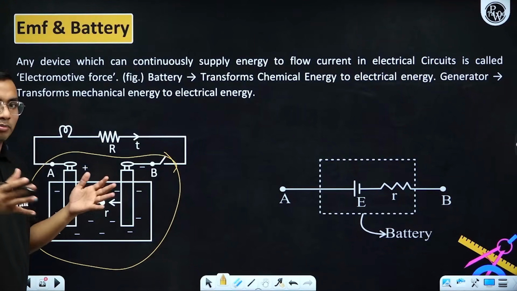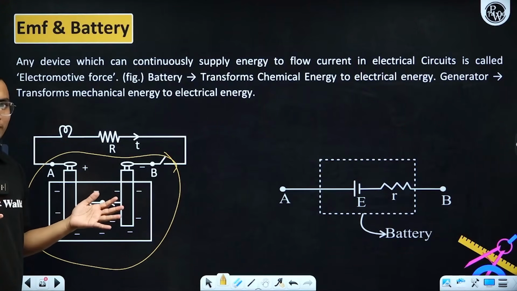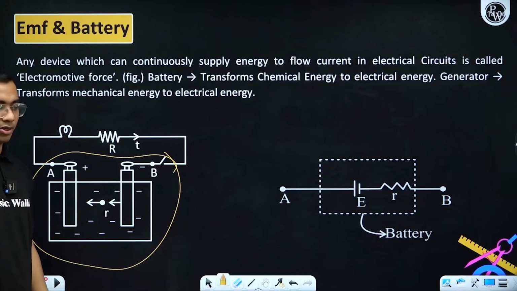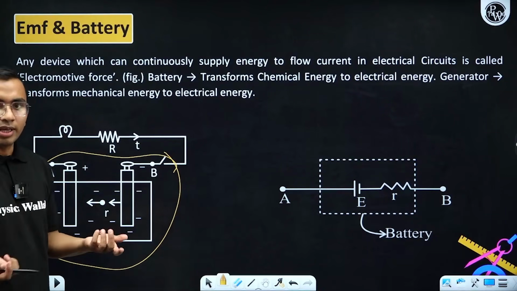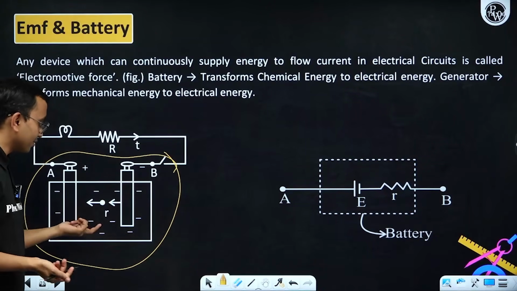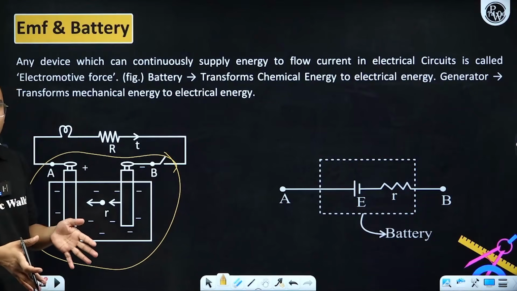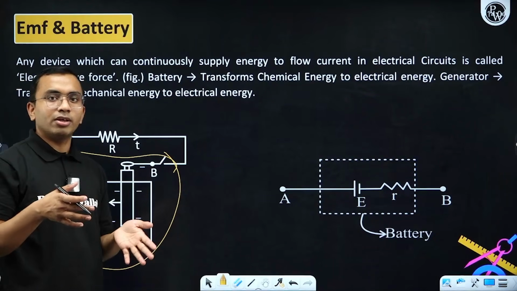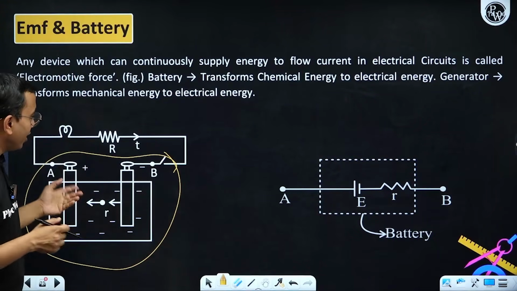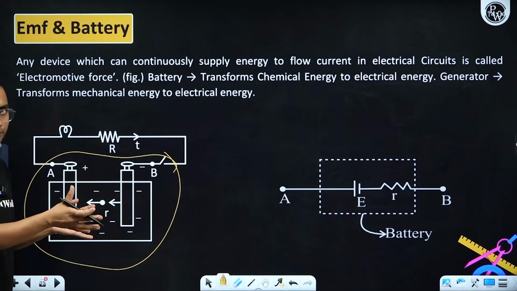If you talk about the bigger batteries that we have at homes, inverter batteries, there is liquid inside. Electrolyte is there, and there is one positive terminal, one negative terminal. Cathode and anode are there, and this whole behaves like a battery.